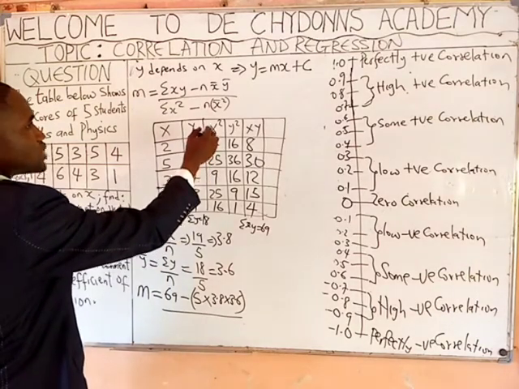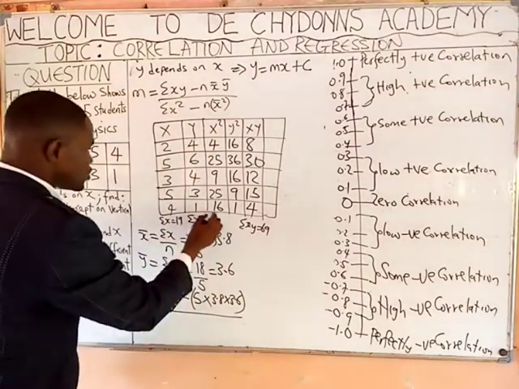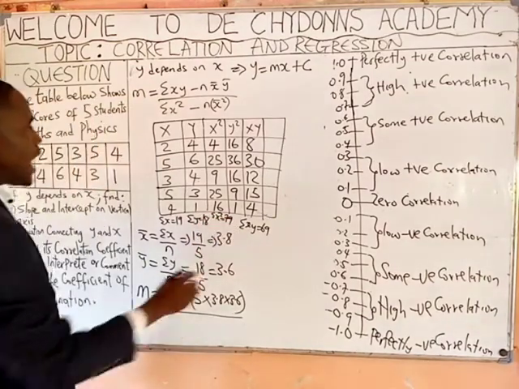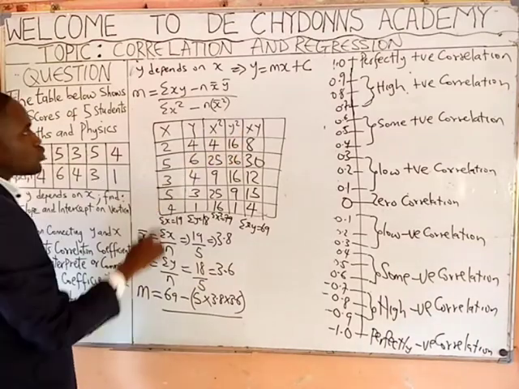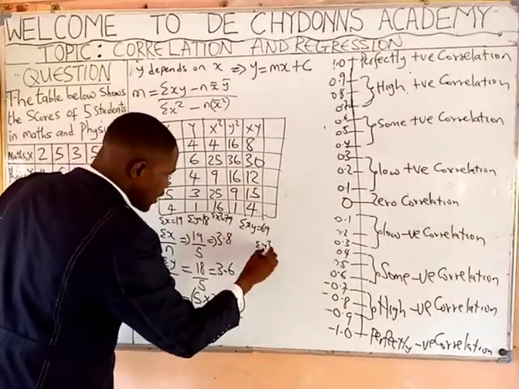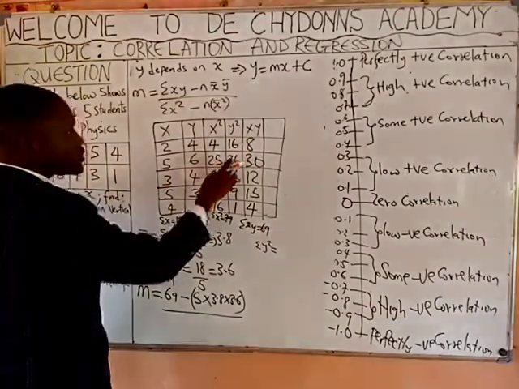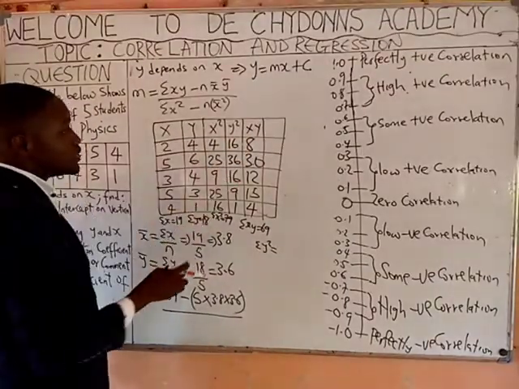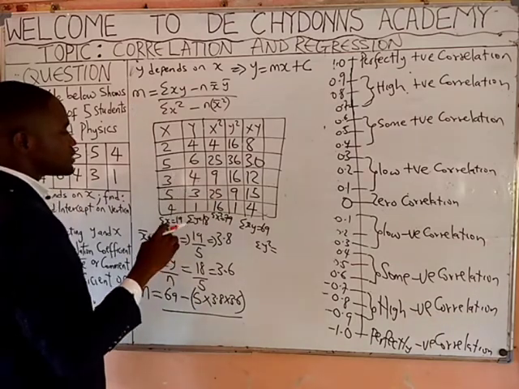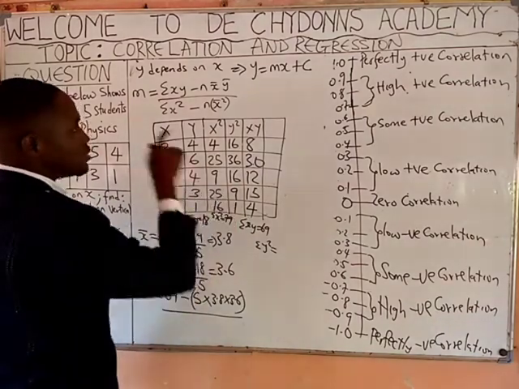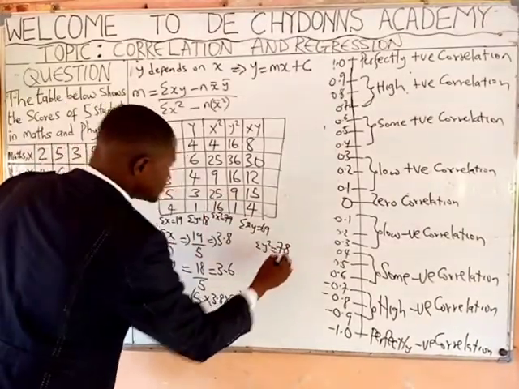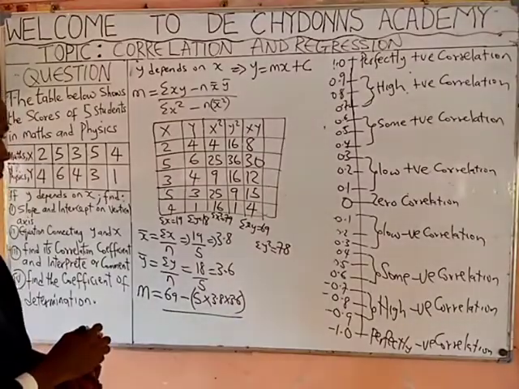If you add this, you'll be getting summation of x squared equal to 79. Now what is summation of y squared? You say 16 plus 36, 52, 52 plus 16, 68, 68 plus 9, 77, then 78. So we have 78 as our summation of y squared.